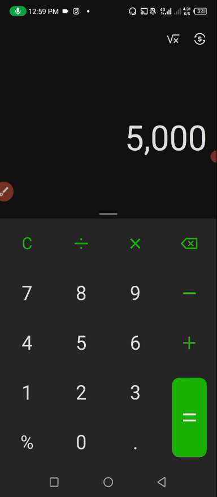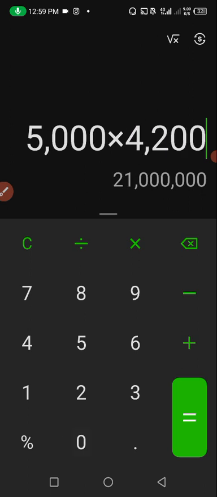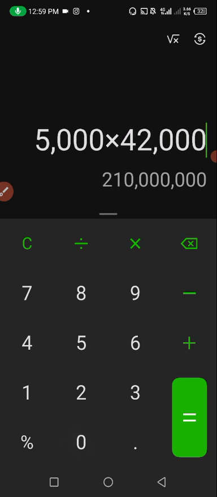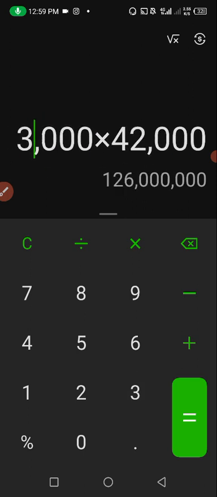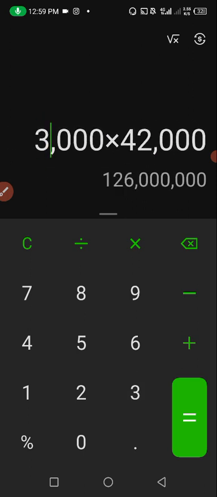She has 5,000 Bitcoins, and 5,000 Bitcoins times 42,000 is $210 million. Calculate that in your local currency so that you can see how much that is. I also know of another person that has 3,000 Bitcoins, which is 126 million. If you have that kind of money, you never know poverty.